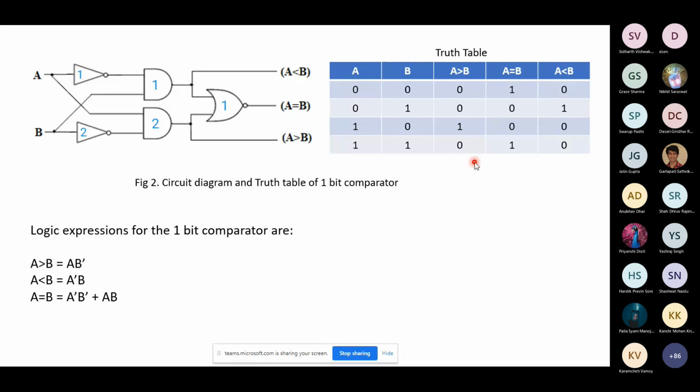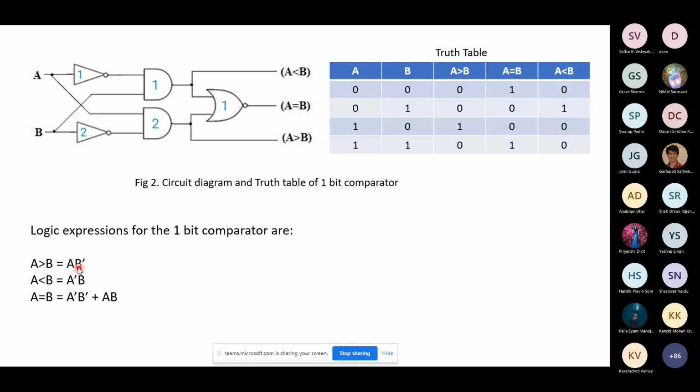Now, how can you design the circuit that I have shown in that block? If you take the A greater than B term, you can see only 1 is coming for A equals 1, B equals 0. So we can express this in the product form, that is A B bar. So A greater than B will be A B bar.